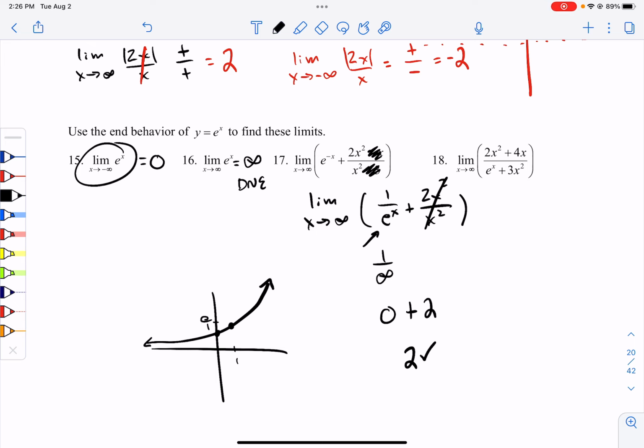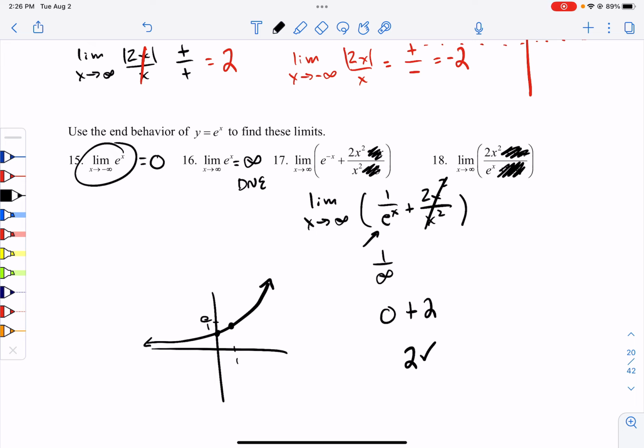Okay, 18. As x goes to infinity, 2x squared plus 4x, again, I don't even care about the 4x. E to the x plus 3x squared, which one of those is bigger? Which one of those is going to grow faster? Well, e to the x is going to grow a lot faster because x is getting bigger and bigger and going to infinity.